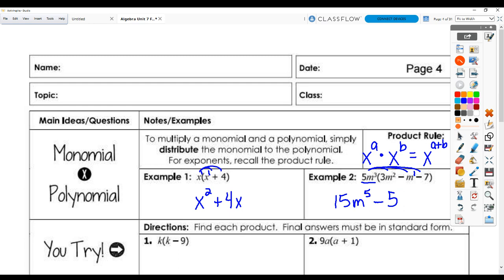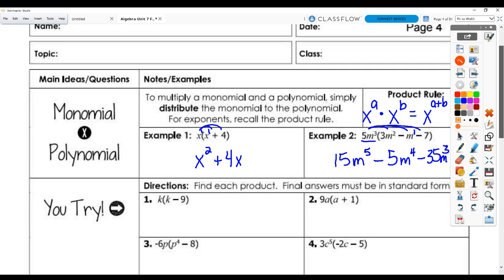And then m to the third times m to the first is m to the 4th. And then 5m to the third times minus 7 is minus 35m to the third. So if there's nobody to multiply with, you just carry it over.